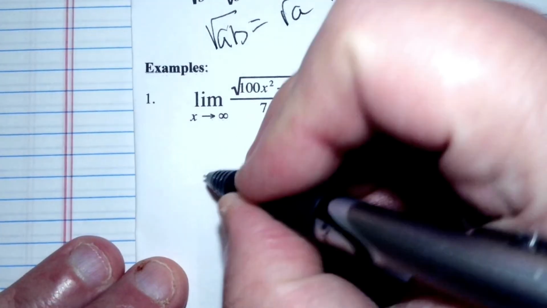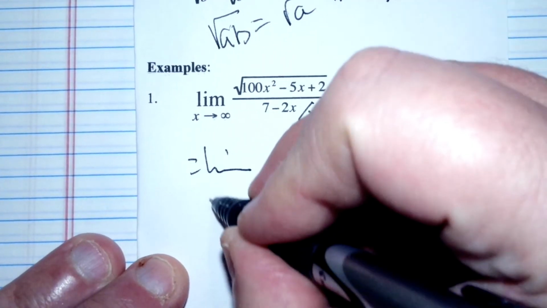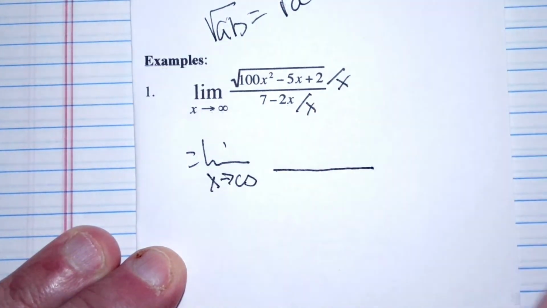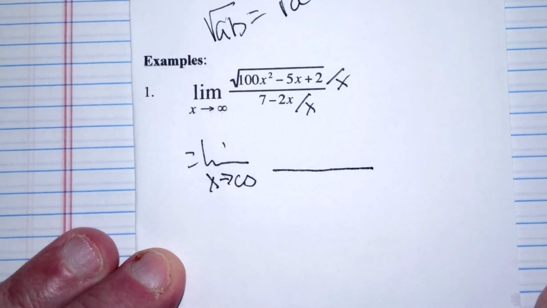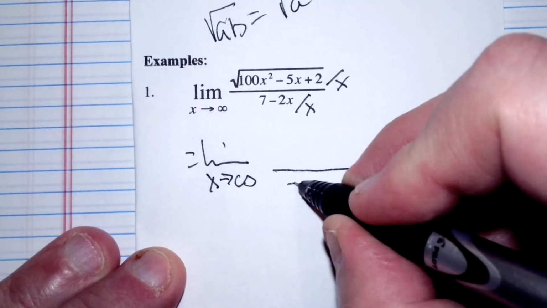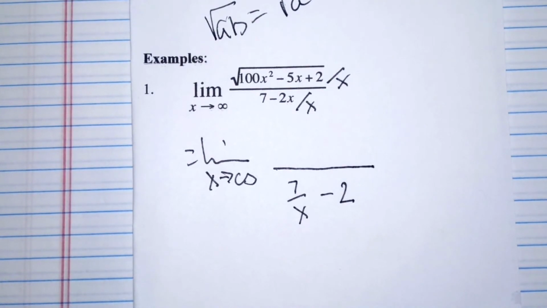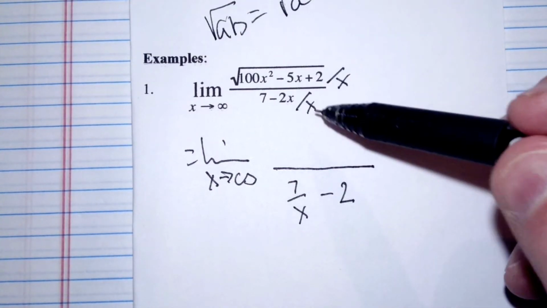Alright. So if we divide the denominator by x, we're going to get 7 over x minus 2. Now what about the numerator? Well, we can't just divide what's under the radical by x and be done with it.